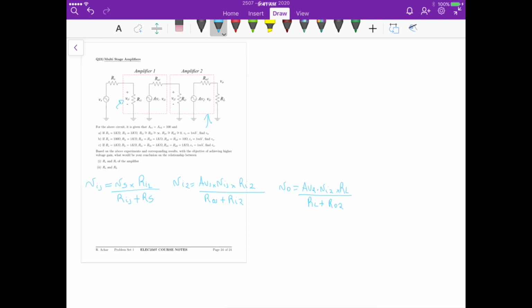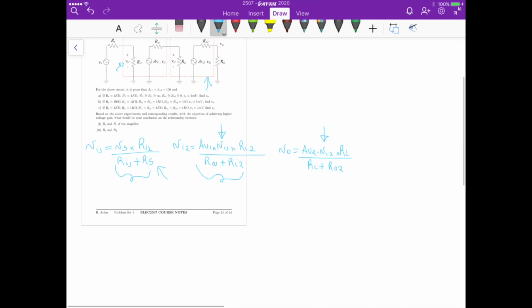We know that VI1 is this term here, and we know that VI2 is this term here, along with this one substituted in VI1. So it's just a series of multiplications.